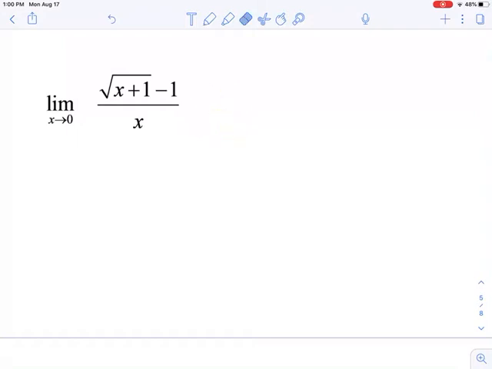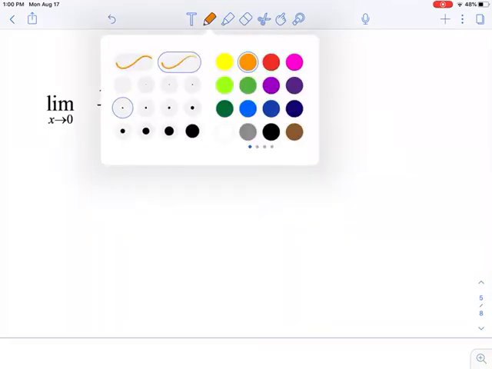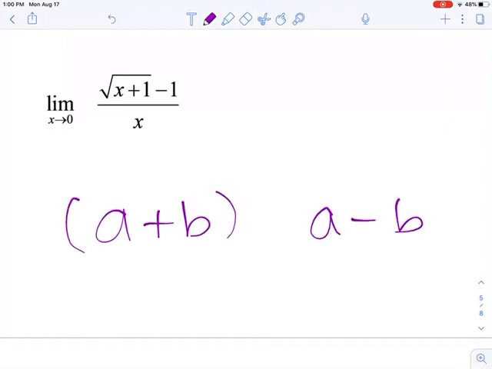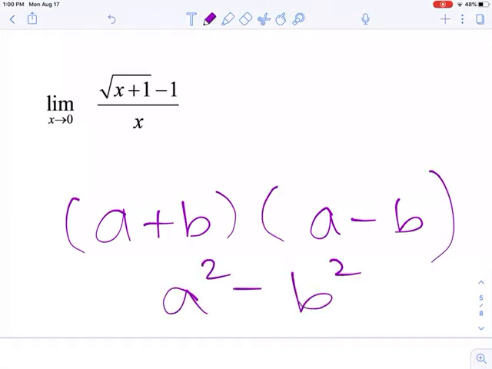Now, I know it's been a while since you've used this word, but anytime we have addition or subtraction with a radical as a piece of it, we can multiply by what's called the conjugate. A plus b is the conjugate of a minus b. And when we multiply two conjugates together, we get the difference of squares.